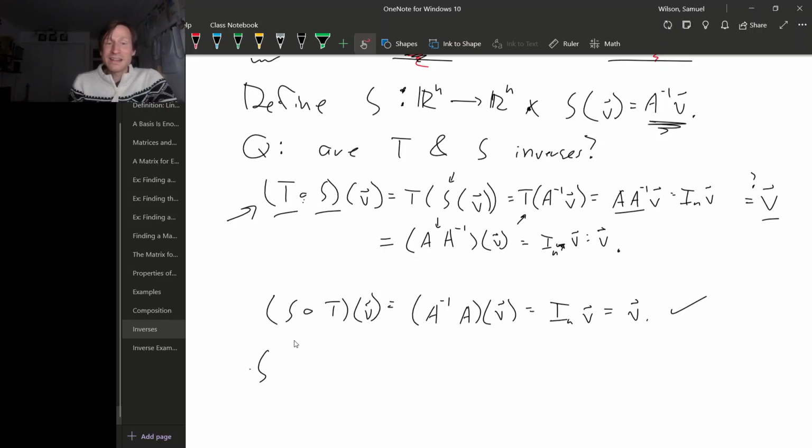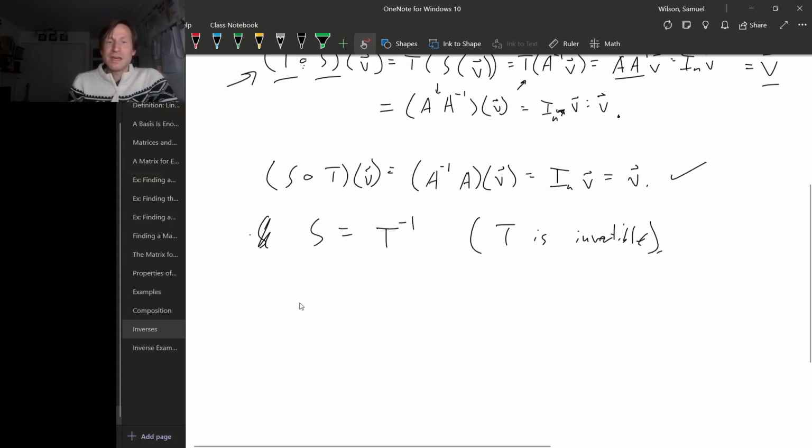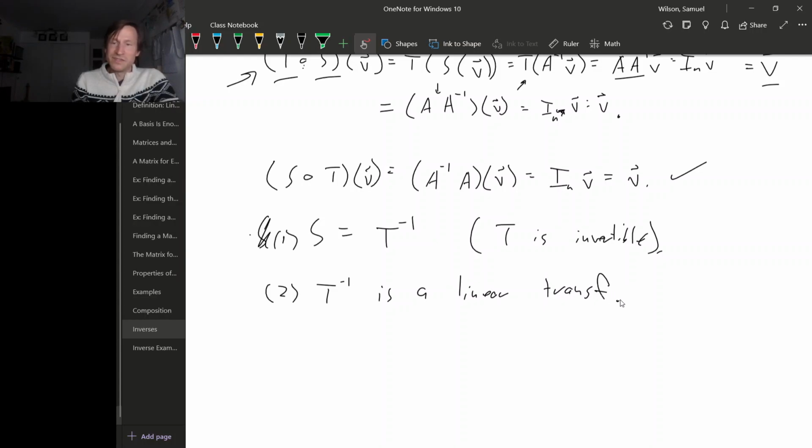And that means three things. It means that S really is the inverse function. In other words, T is an invertible function. So that's the first thing, T really is invertible. The second thing is that T inverse is a linear transform, which isn't totally obvious.